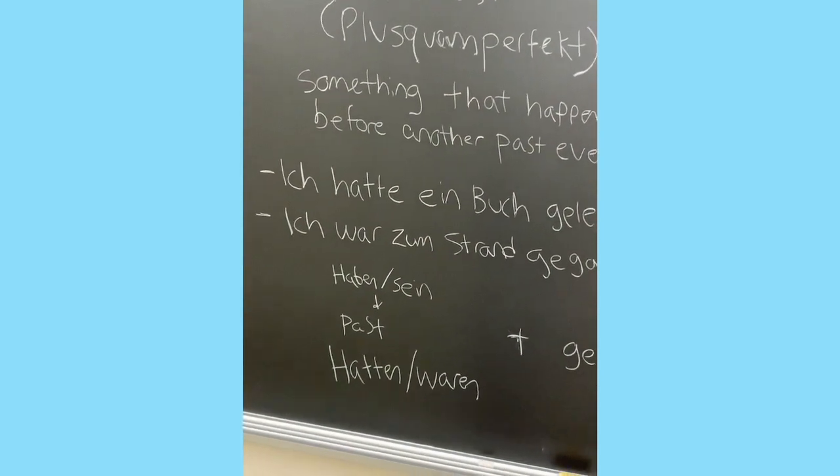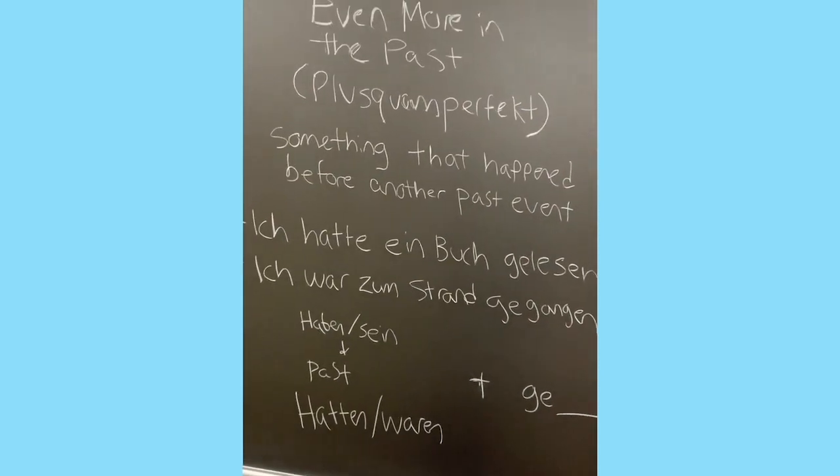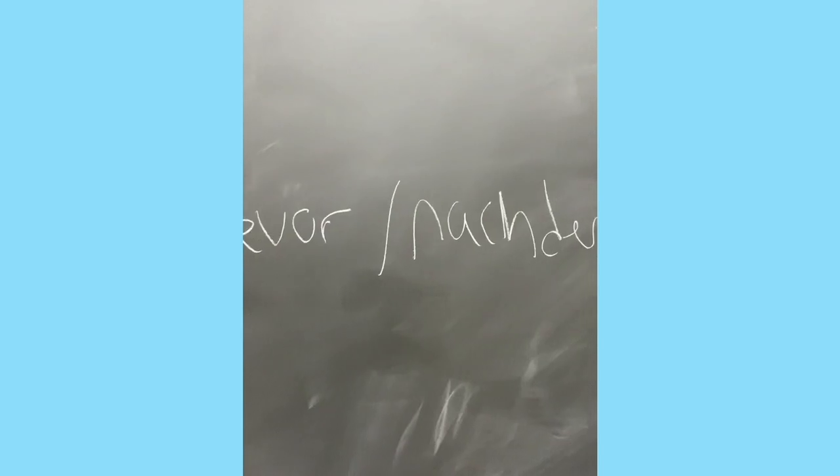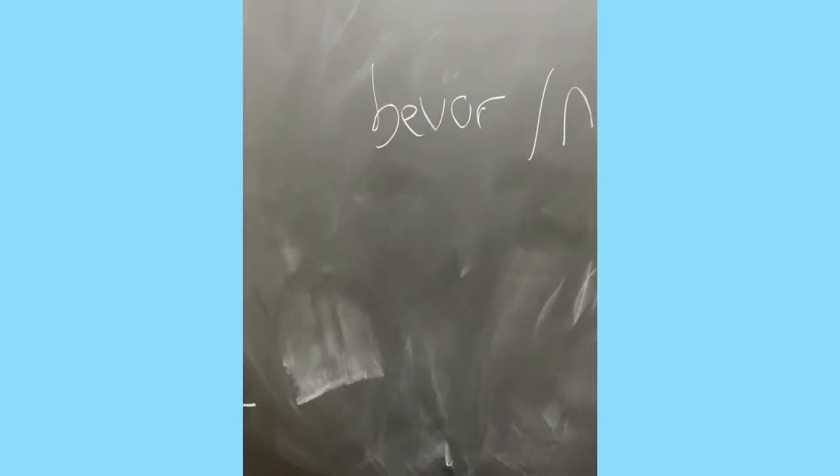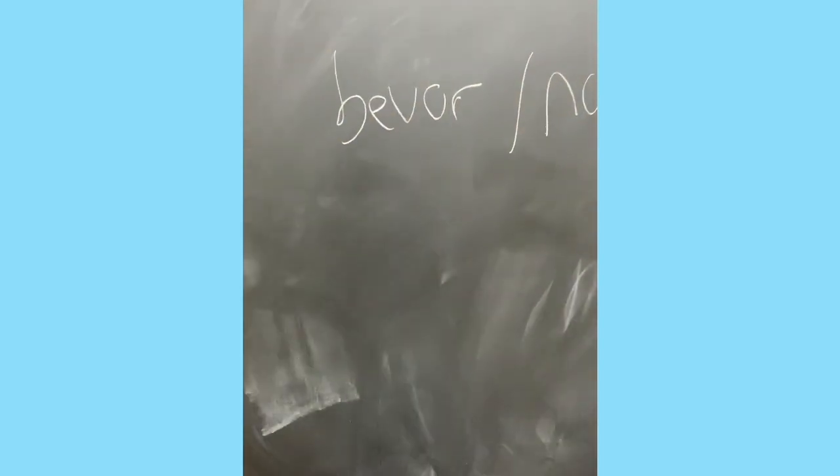And you will see the Plusquamperfekt used the most when you have a sentence that uses bevor oder nachdem, which is before or after. So for example, if I said in English, before I read a book, I ate cereal.